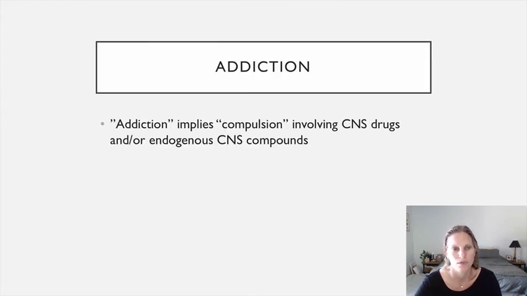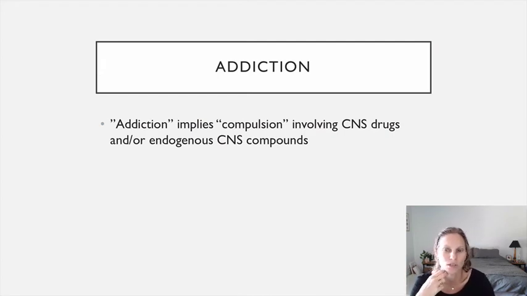Taking this to the extreme, we have addiction, and addiction always implies a compulsion, especially involving central nervous system drugs or the endogenous central nervous system compounds. There are a lot of people that become addicted to behaviors that cause a change in the neurochemistry and release endorphins or dopamine, like gambling, excessive shopping, or sex addiction.